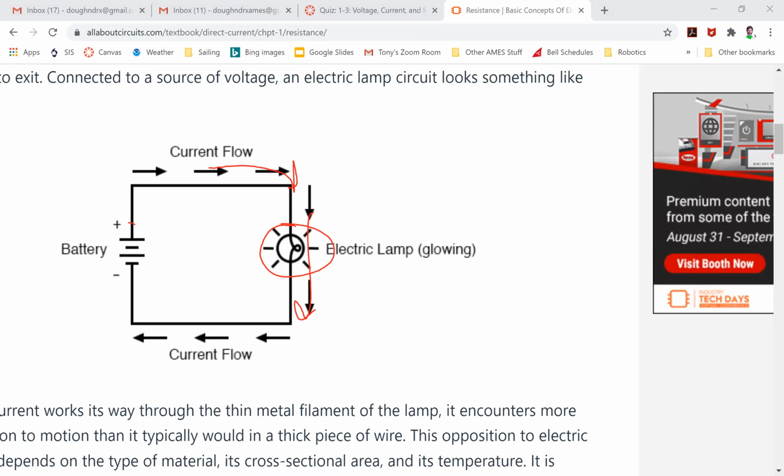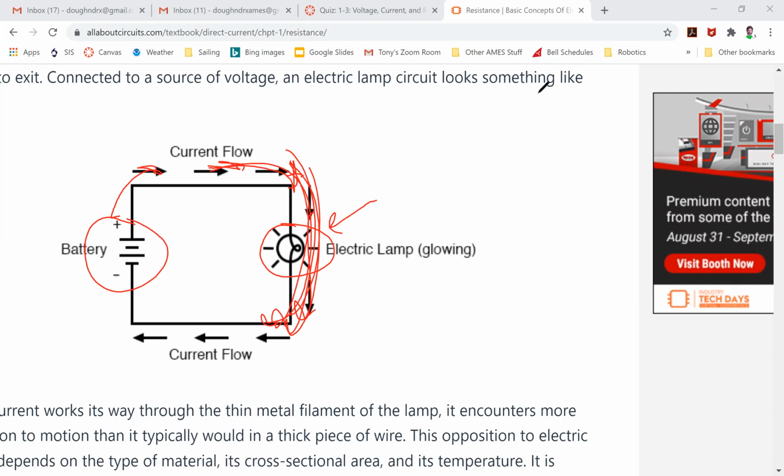So we've got this high pressure battery pushing the electrons through here, and here we've got a lamp that's pushing back. Now, if it's a little tiny lamp, it can't push back very much, so we say it doesn't have very much resistance. So we can get a lot of electricity flowing through here. If the resistance is small, I can get a lot of electricity flowing through there, or in other words, we would say the current is high.